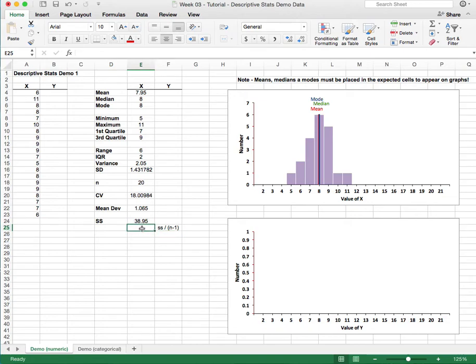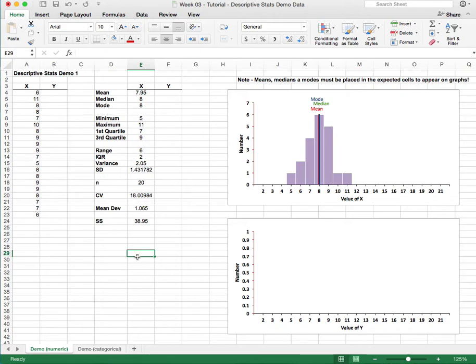Just to verify that, if we do sum of squares divided by n minus 1, notice that we get 2.05, which is the exact value for our variance. So really that was just to verify that this is how we calculate variance here. I'm going to go ahead and delete that right there.